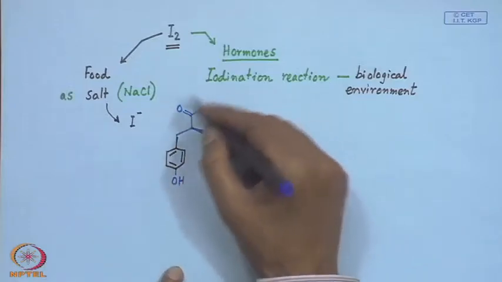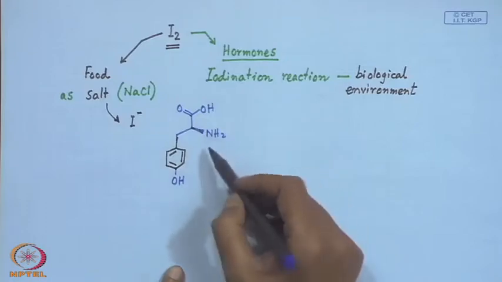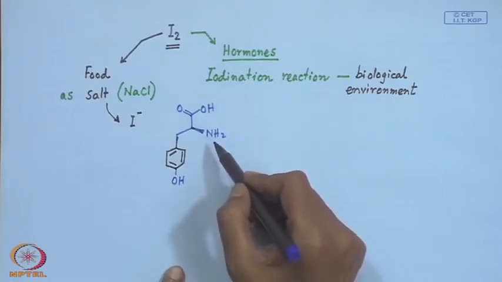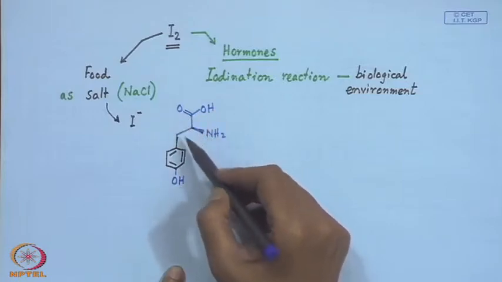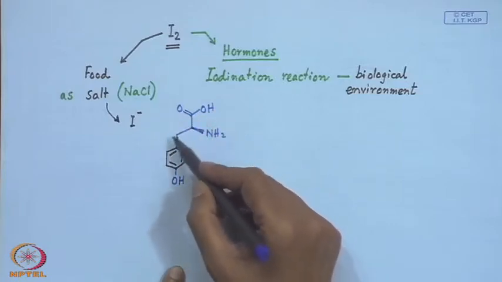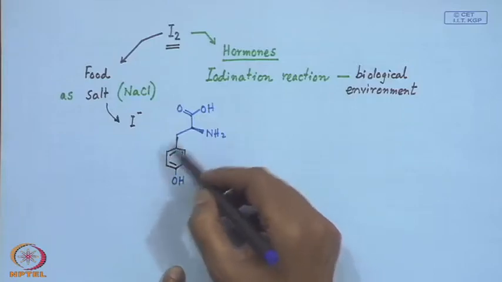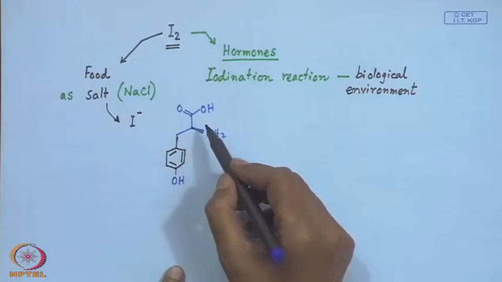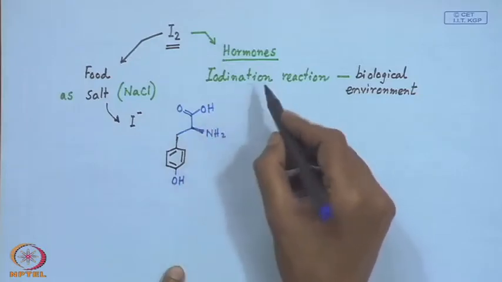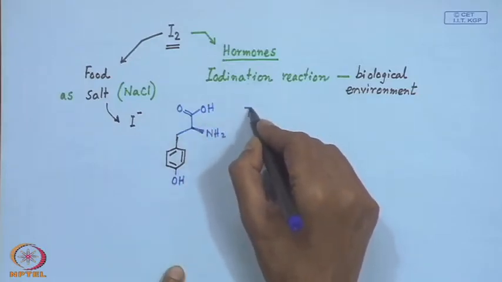This part is basically the amino acid part, like our glycine molecule. So, we have the amino end, and we have the carboxy end. Therefore, it is basically a para-substituted phenol unit. So, the para-substituted phenol unit is the pendant unit to our glycine molecule, which is our tyrosine amino acid.